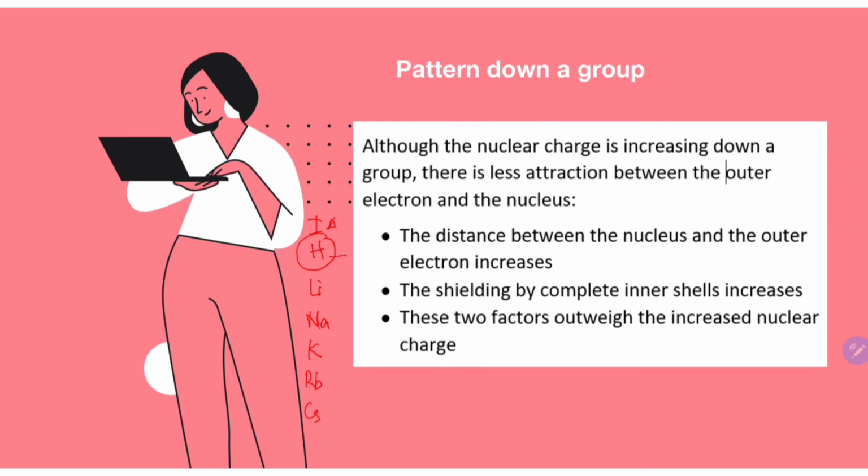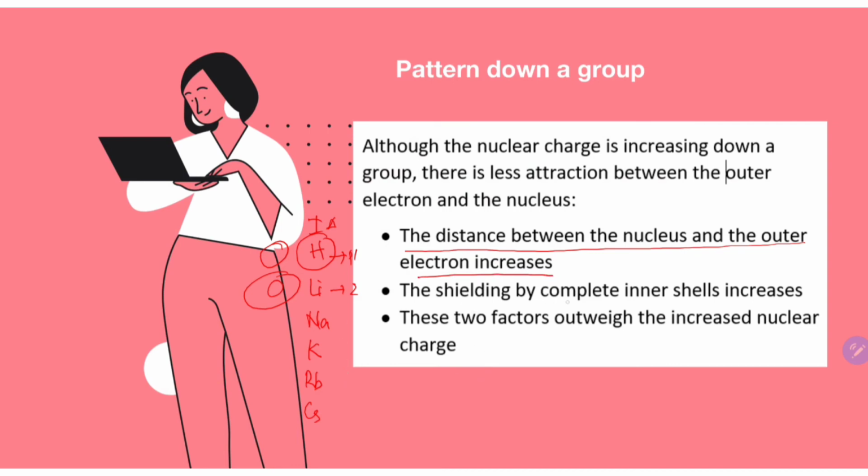Here in period 1, only 1 shell. Here in period 2, 2 shells. So the number of shells increases, and of course the distance between the nucleus and the outer shell increases, because the number of shells increases.